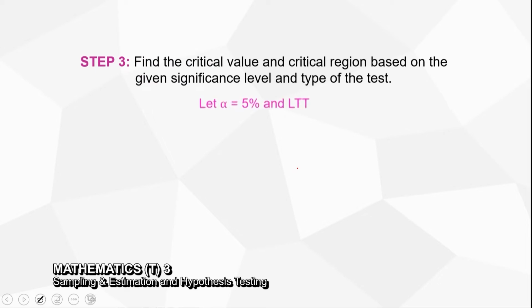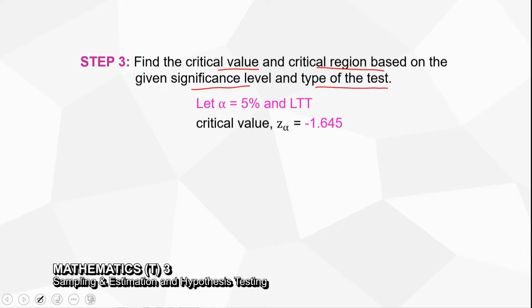Then in step 3, we need to find the critical value and critical region, based on the significance level and type of the test. We have 3 types of tests: left tail test, right tail test, and two tail test. Let's assume our significance level here is 5%. LTT stands for left tail test, RTT for right tail test.